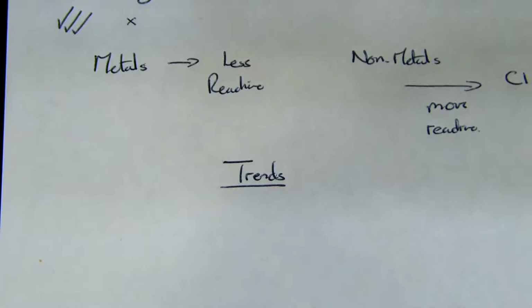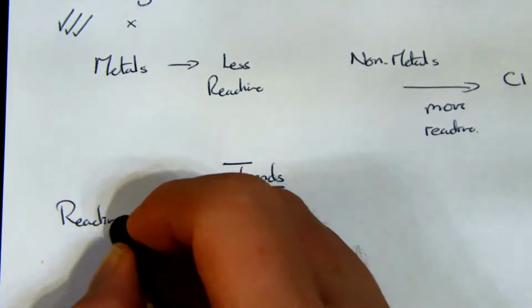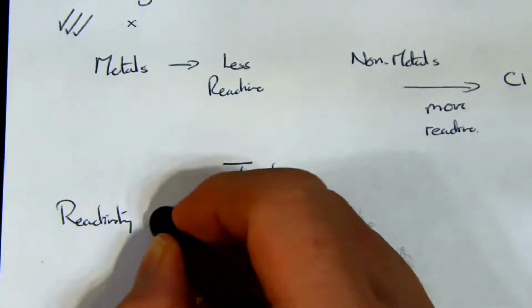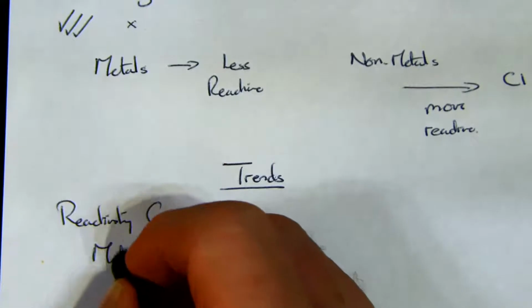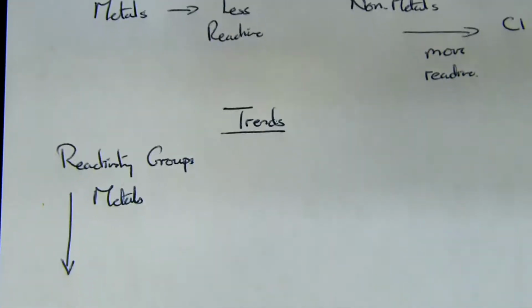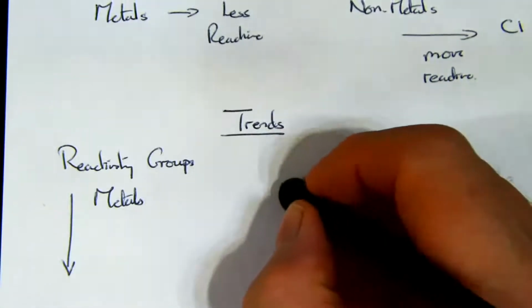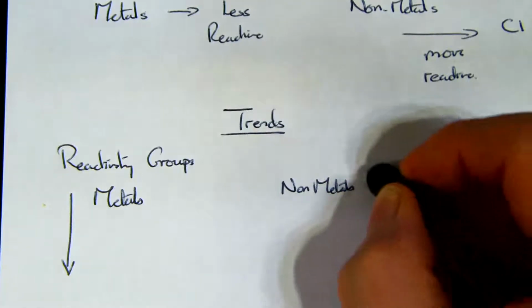Our trends are, we've got reactivity in groups. Generally, in the metals, they're getting more reactive as they go down. In the non-metals, it's going the other way.